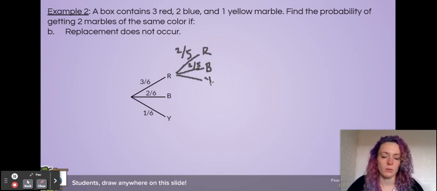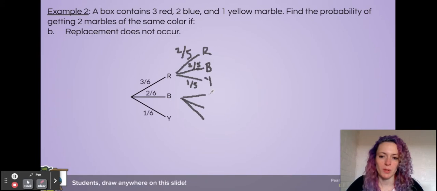Similarly with the yellow marble, again, there's only 5 marbles to choose from now, and I didn't pick the 1 yellow marble, so that can still be a 1. When I go to do my blue, I'm going to have to type these in because it's getting a little crazy in here.